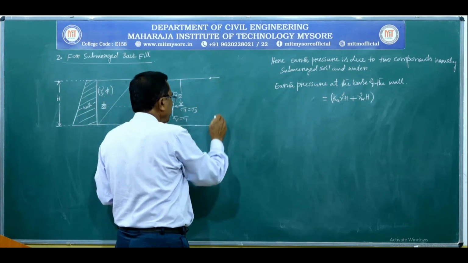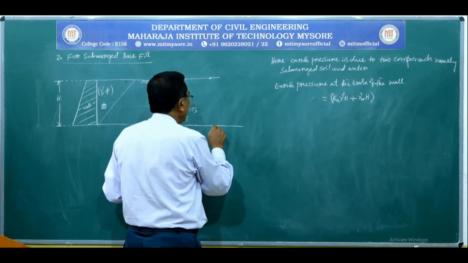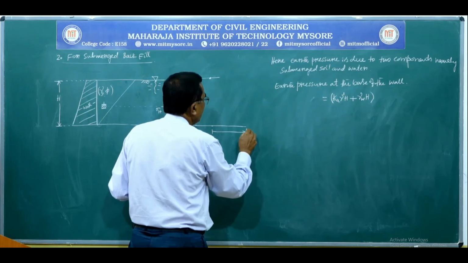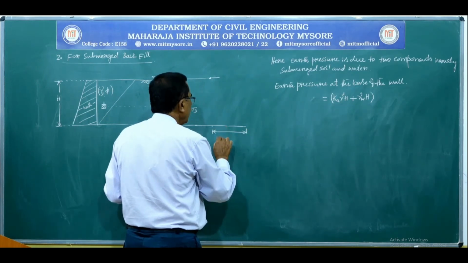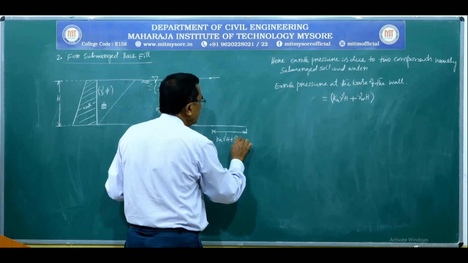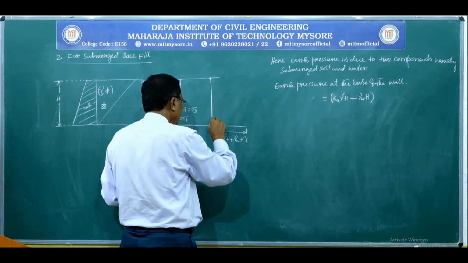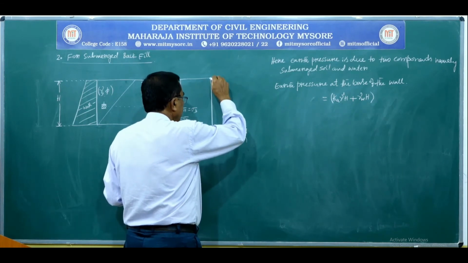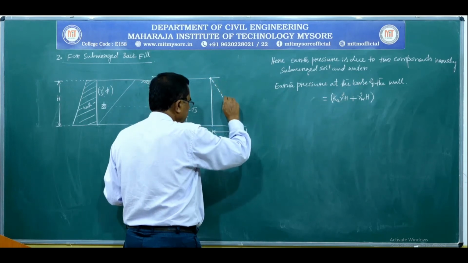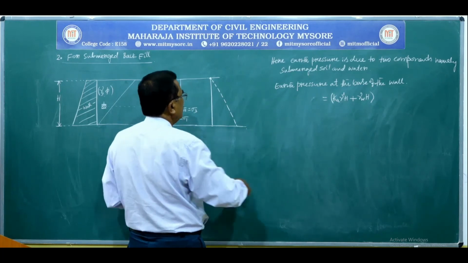Knowing PA at the surface and PA at the base, this is Ka gamma dash H plus gamma W H. Draw the reference line to complete the pressure distribution diagram. So these two components can be shown here.